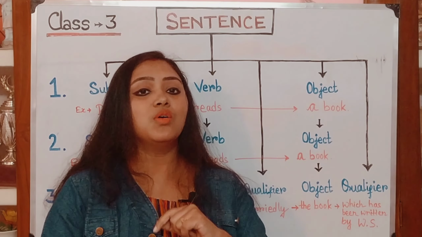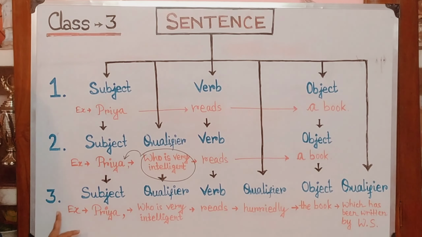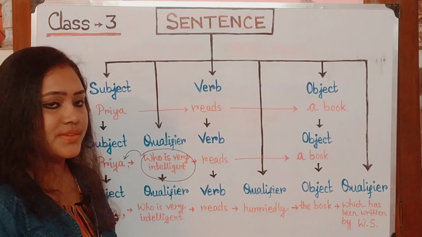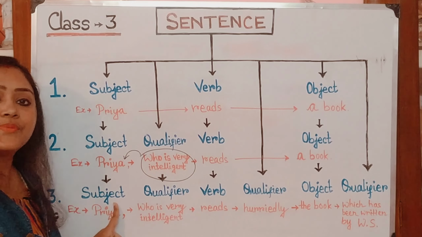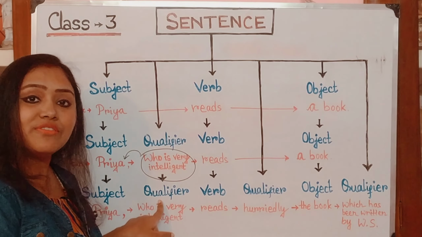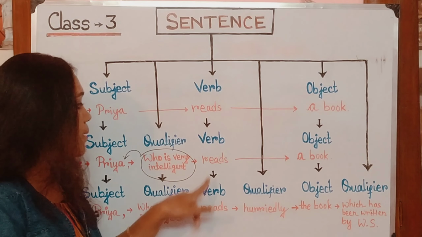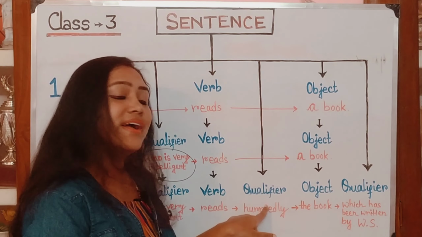Now I will move forward to number 3. Here again, it is the toughest one. How? Here the subject is there and then comes the qualifier which qualifies the subject or the noun. Then comes the verb. And the qualifier again.